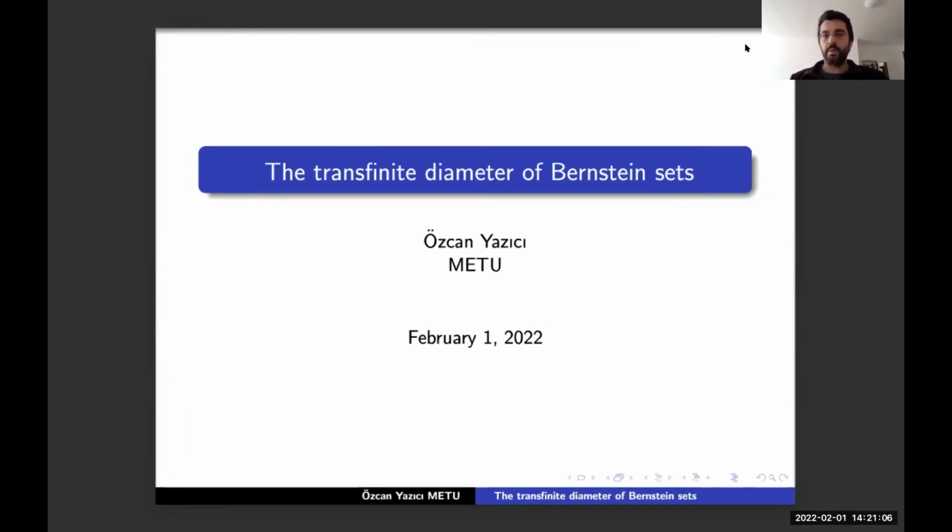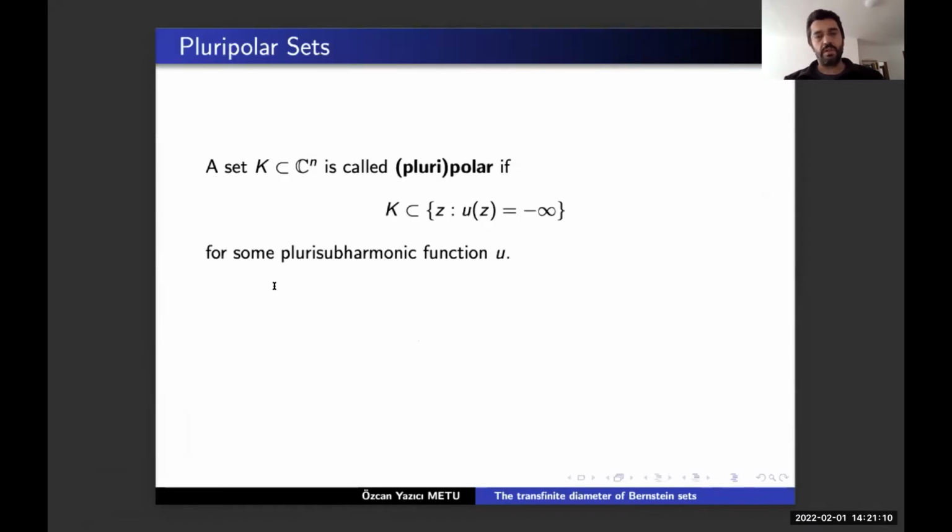Let me start with some basic definitions. We define pluripolar sets. These are the sets which are contained in the minus infinity locus of a plurisubharmonic function. Here, plurisubharmonic functions, you can think of as functions with positive Laplacian.